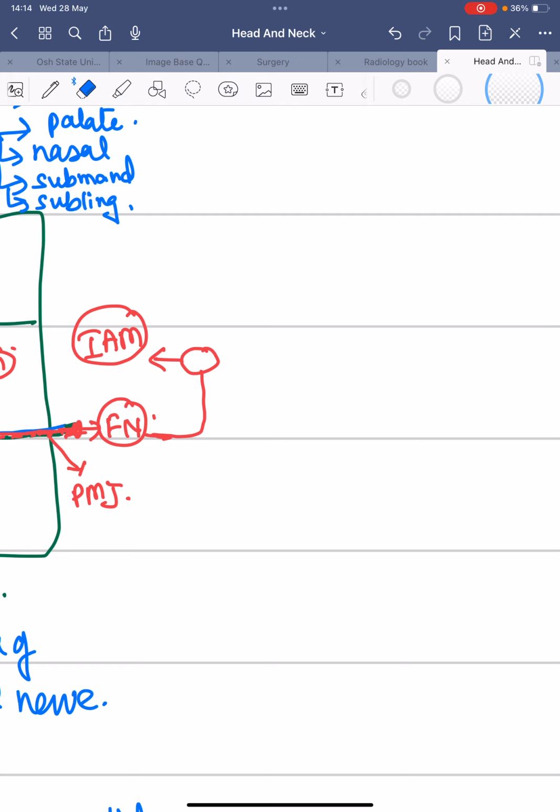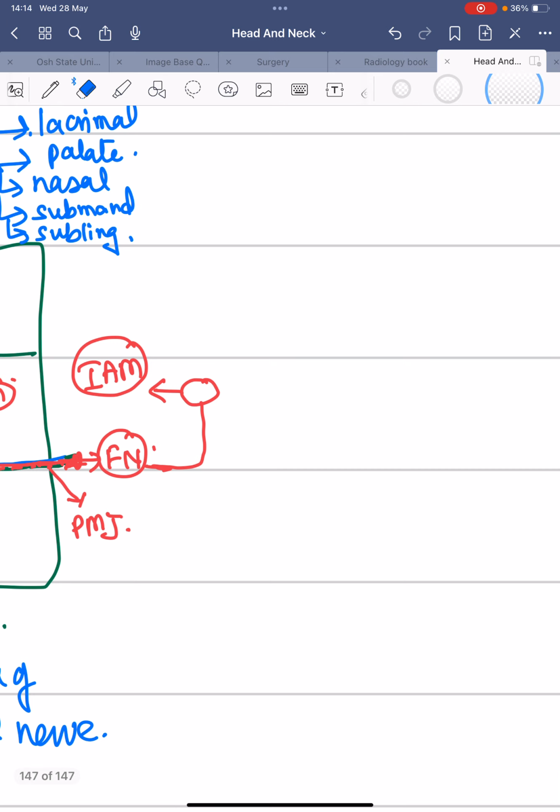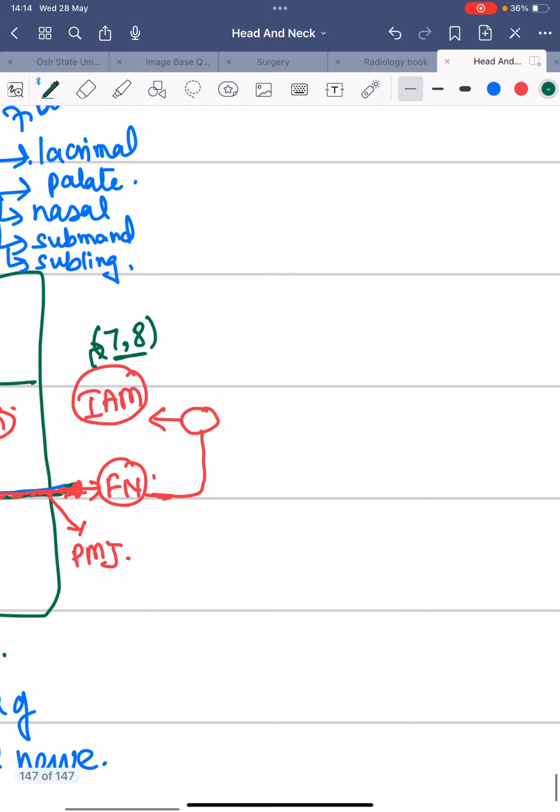So in the internal acoustic meatus, please remember, along with 7th cranial nerve, which nerve is present? 8th cranial nerve is also present there. Okay. So now it is entering here into the internal acoustic meatus, making a band here. This band is known as external genu of the facial nerve.